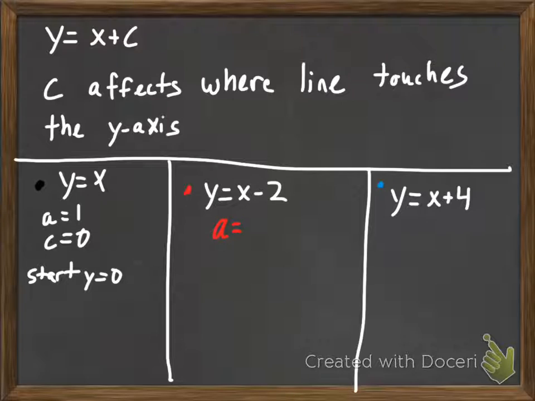So our a is still 1 because there's a 1 in front of our x, and our c is negative 2. So what that means is that we're going to start at negative 2 on the y. And then we're going to use this to go up and to the right.